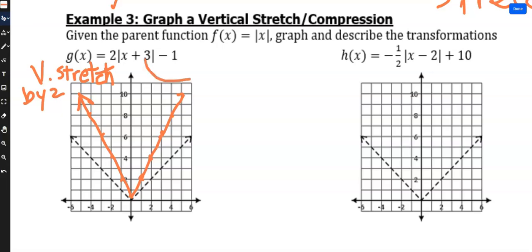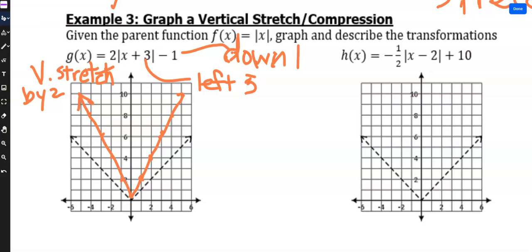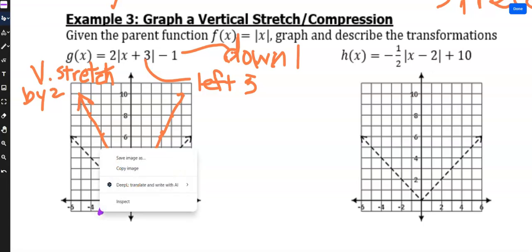Okay, then we've got left 3, down 1. Okay, so I'm going to take this orange graph, I'm going to pick it up and I'm going to go left 3 and down 1.